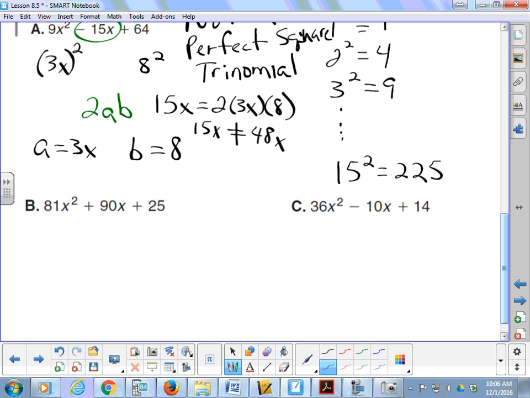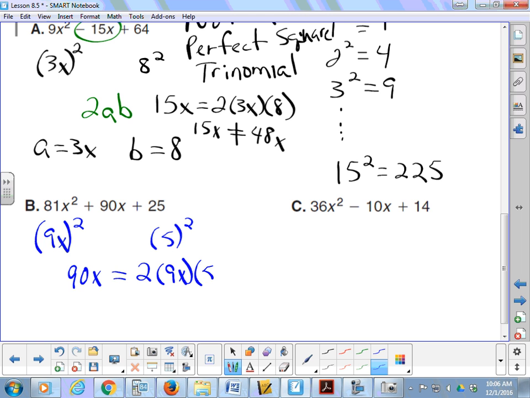Is 81x squared a perfect square? That's 9x being squared there. What about 25? Is that a square? This is 5 squared. So the question is, does 90x equal 2 times 9x times 5?